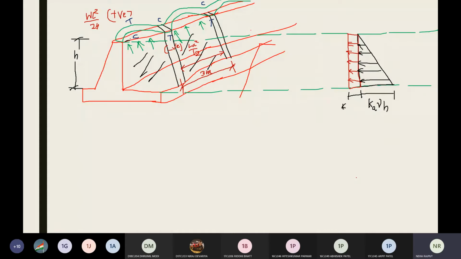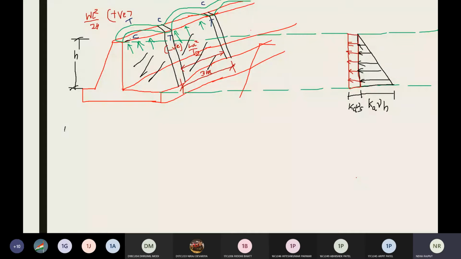This will be Ka into Ws. And what is Ws? Ws is the surcharge load. These are the pressures in terms of kilonewton per meter square acting at this stem.